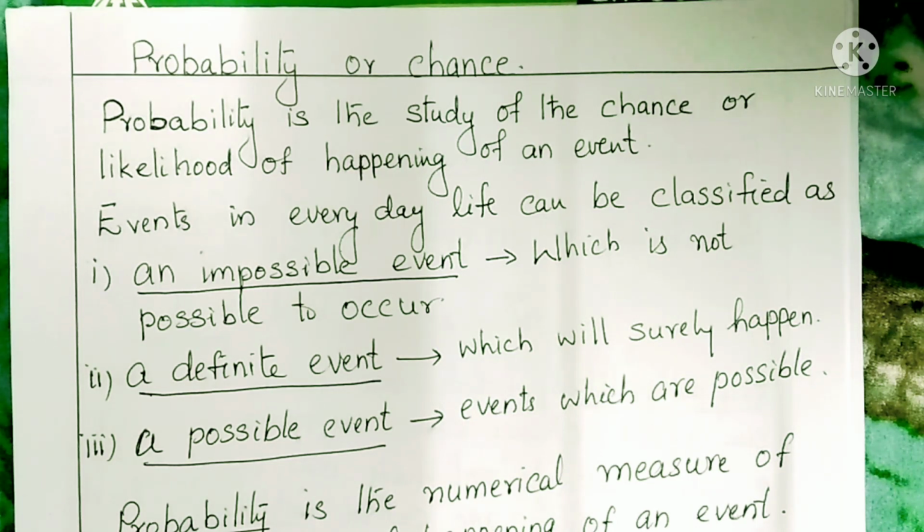The first is an impossible event. Impossible event means we are sure that it will never take place. For example, if you have a dice, when you play snake and ladder or Ludo, you get a small cube on which numbers 1 to 6 are printed, or one dot, two dots, three dots, like that.